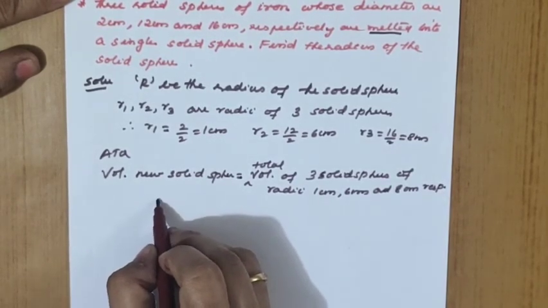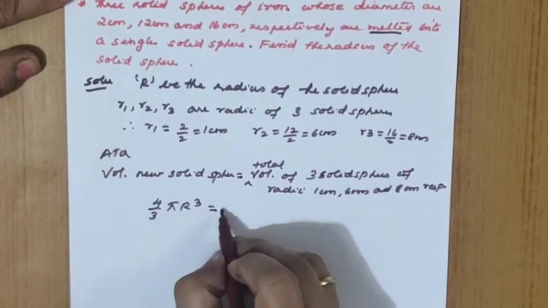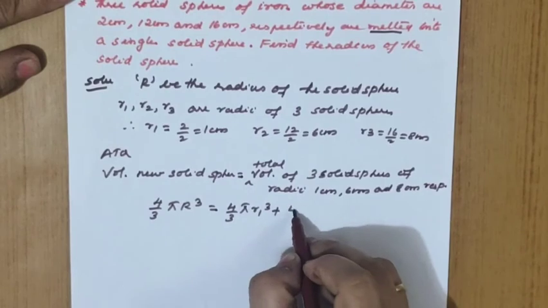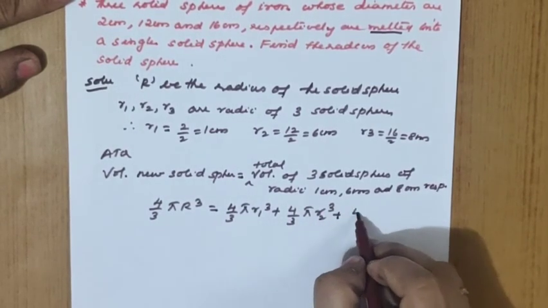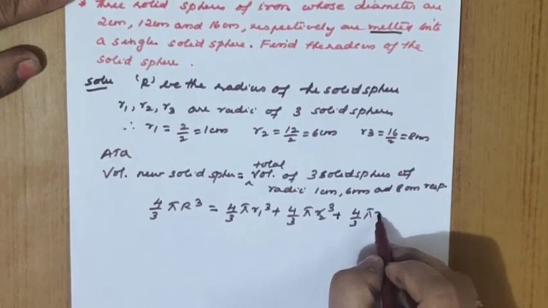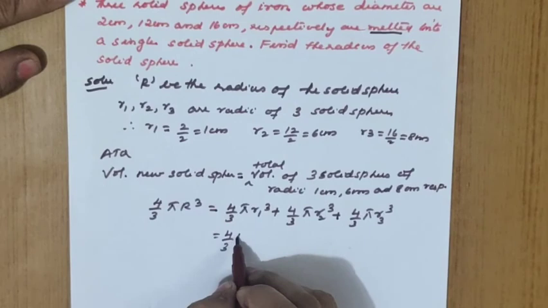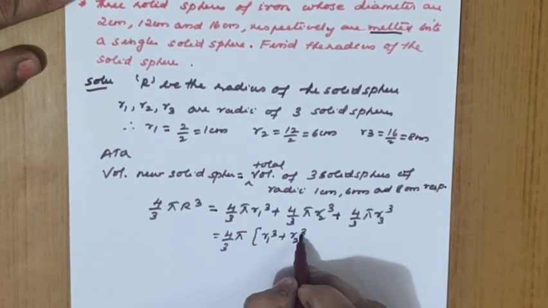Therefore, 4 by 3 pi R cube equals 4 by 3 pi R1 cube plus 4 by 3 pi R2 cube plus 4 by 3 pi R3 cube. 4 by 3 pi is common here, so I'll take it common, leaving R1 cube plus R2 cube plus R3 cube.